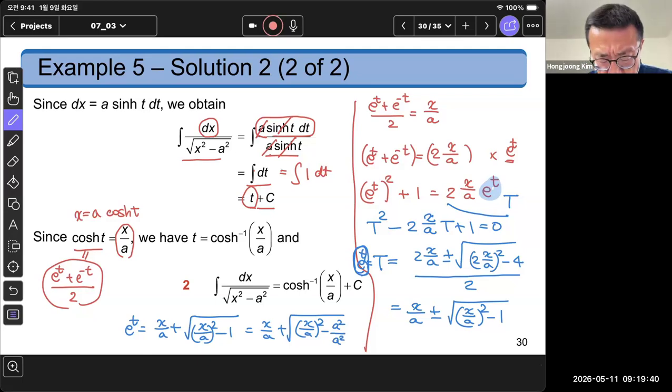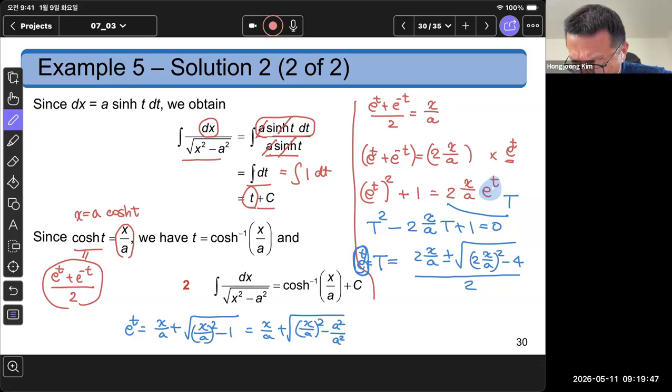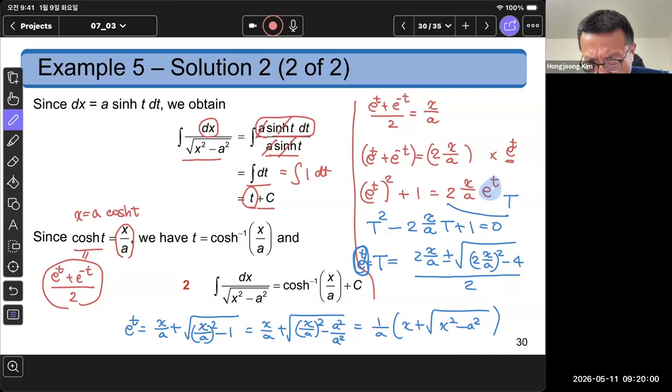So we have this. So that is your e to the t. So if you want to find t here, then you need to take the log function on both sides. Then we get the previous expression.